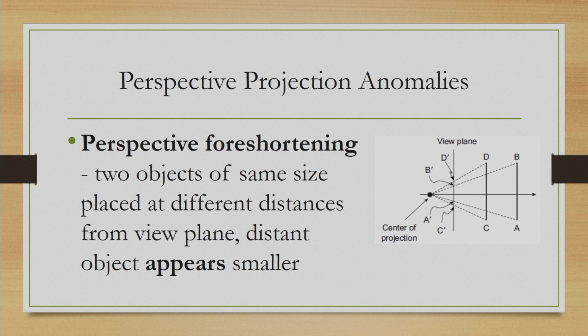Now, one anomaly is perspective foreshortening. Two objects of the same size placed at different distances from the view plane: if that is the case, then the distant object appears smaller.